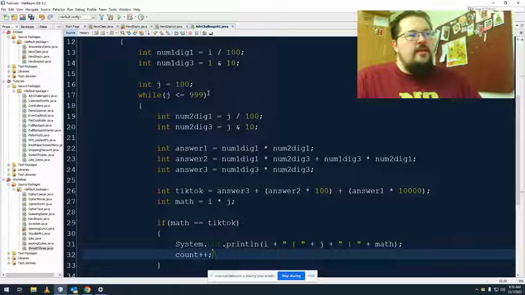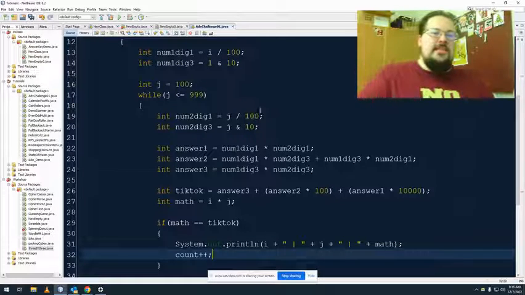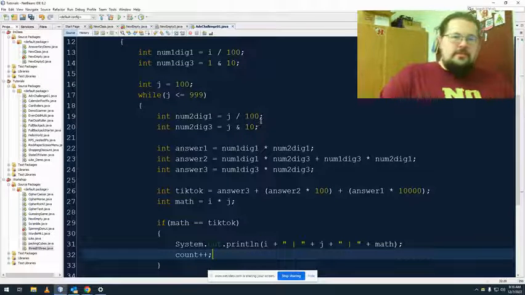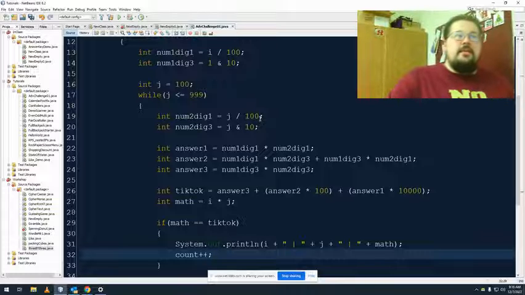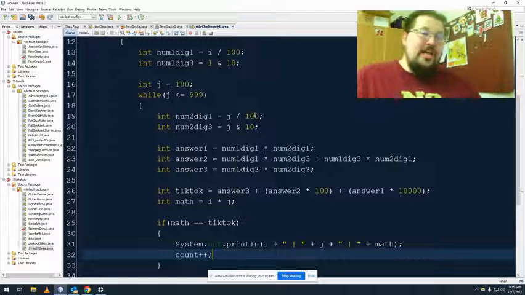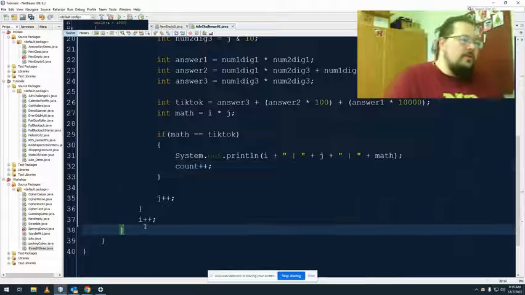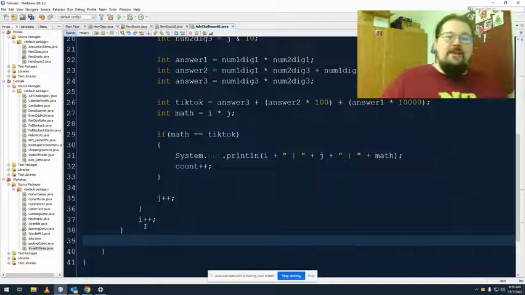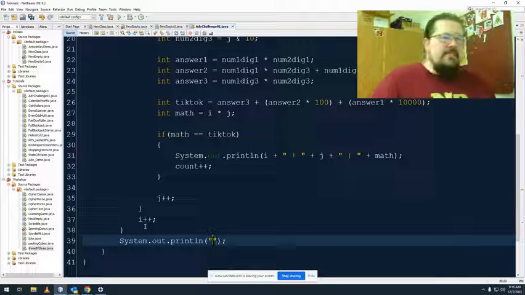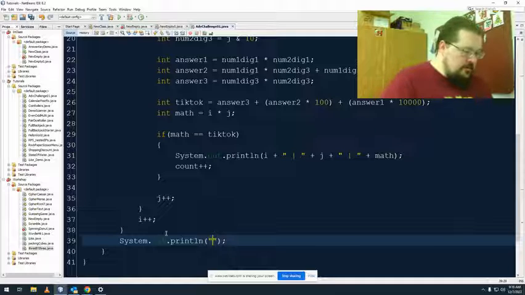So since this is 900 and this is 900, we actually have 810,000 different values we're going through. So just shy of a million. So the last thing we need to do is at the very end, give our final print statement to tell us what our grand total was.